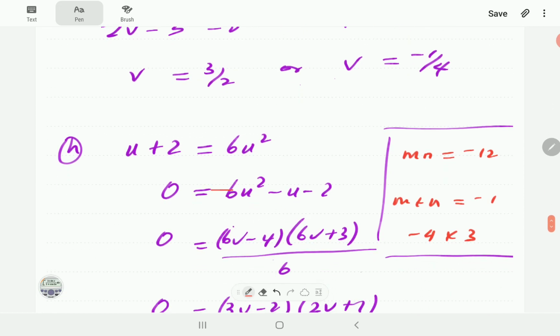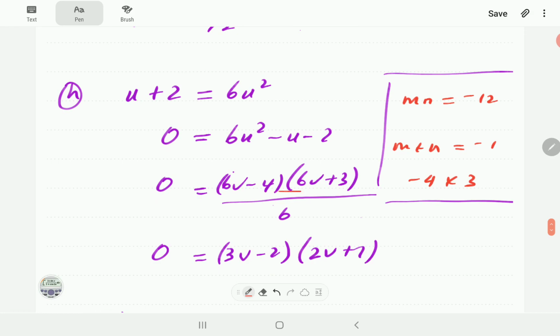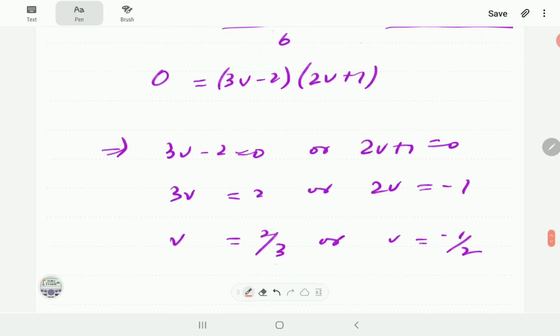Same scenario here. If we bring everything to the same side, then we need two numbers that multiply to give negative 12 and have a difference of 1. The negative should be bigger, so it's going to be negative 4 and 3. Factorize and solve gives us 2/3 and minus 1/4. All right.